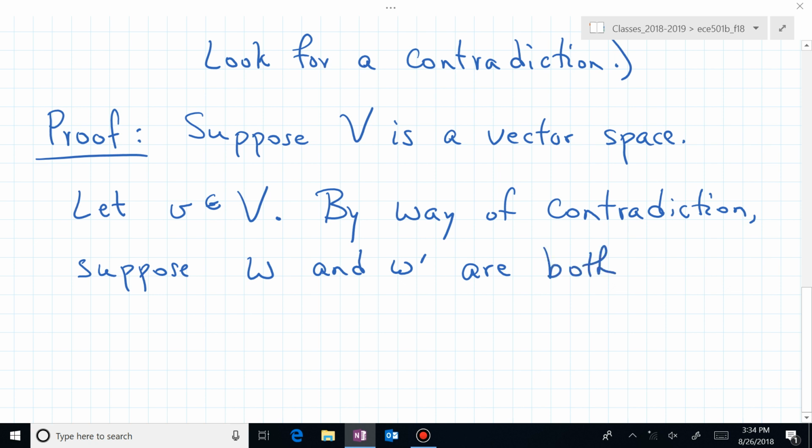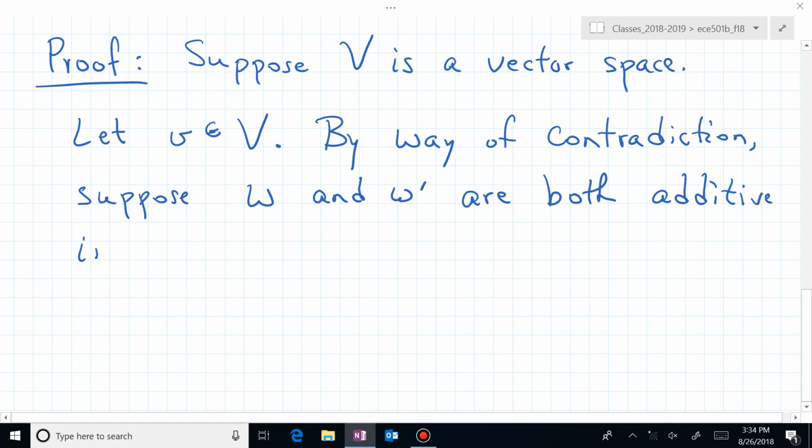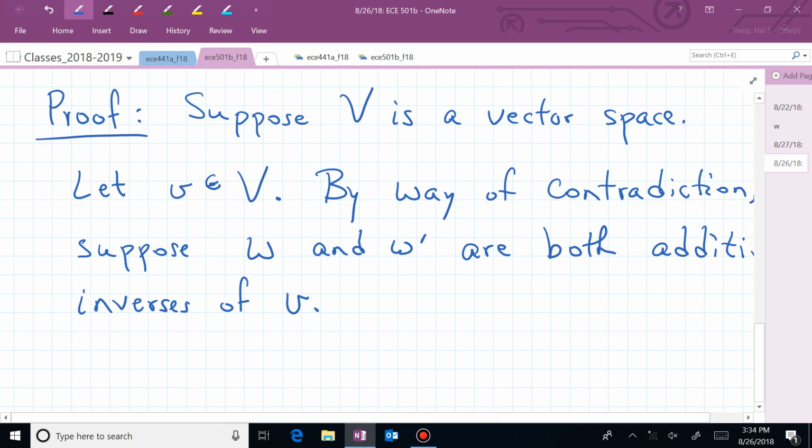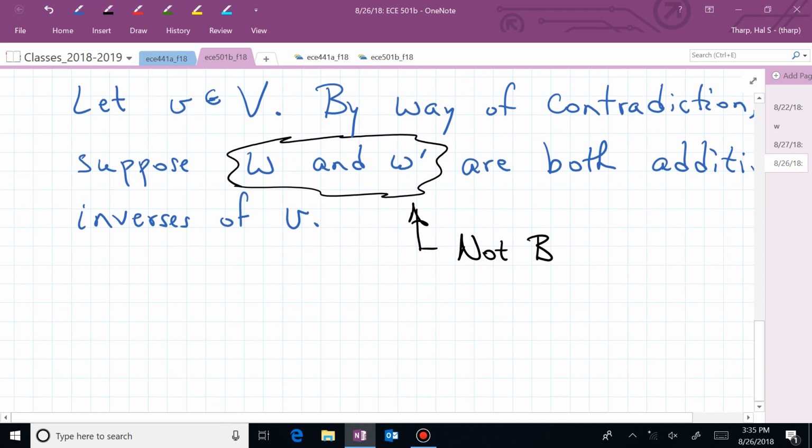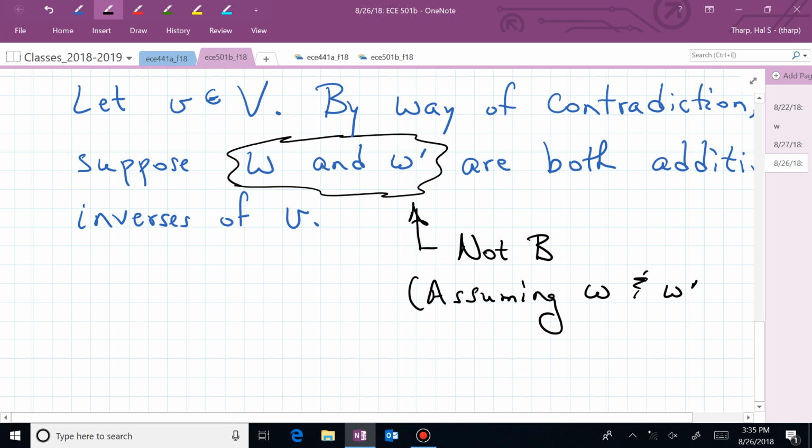So by way of contradiction, suppose W and W prime are both additive inverses of V. So really here, this is our not B. We are assuming that W and W prime are different.